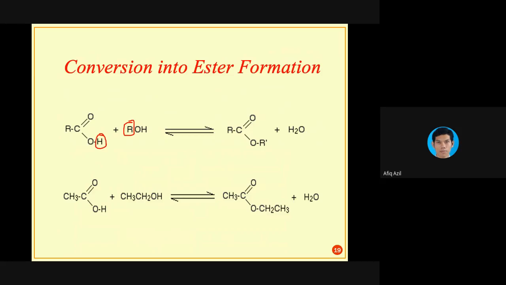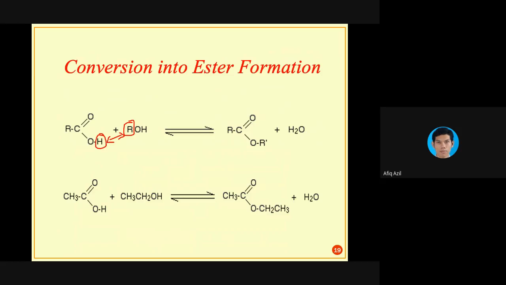Basically, it's like they change position. R will be bonded to this oxygen, and this oxygen will be bonded to this OH to form water. So this is the general formula for an ester: R, C double bond O, O, R.